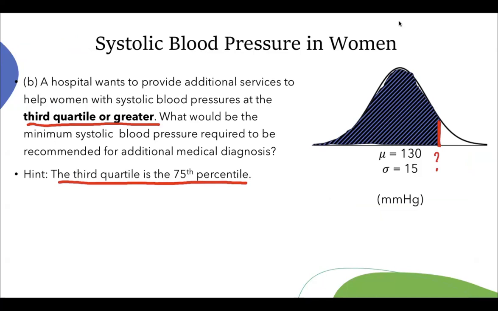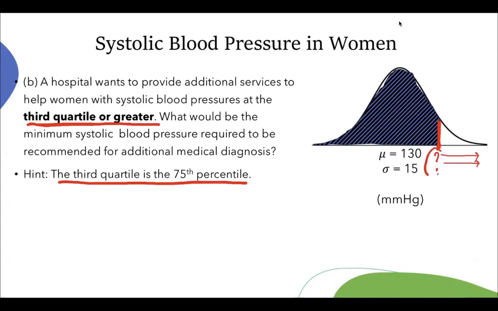This number at this vertical line is the number at the 75th percentile. And the problem, let's go back to the problem. Third quartile and greater refers to blood pressures that are at the 75th percentile and more. So everything to the right of that vertical line are the people that are being recommended for additional medical diagnosis.